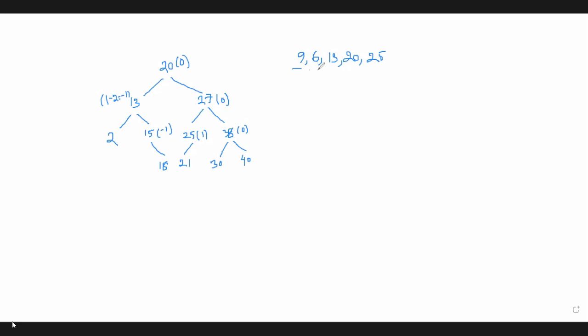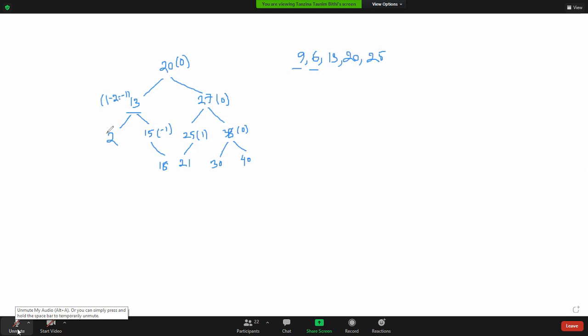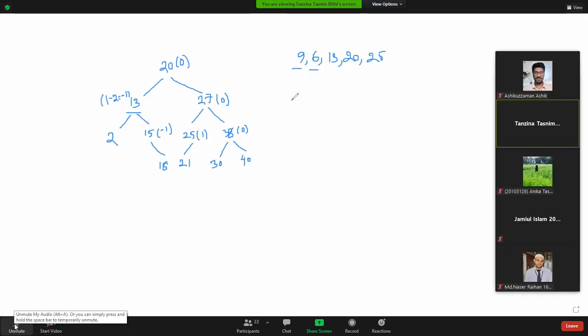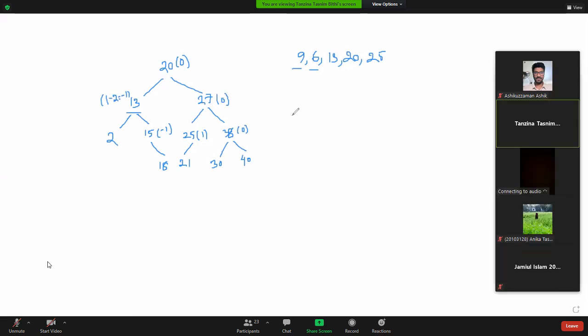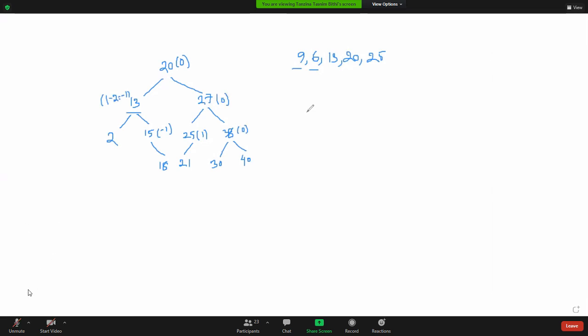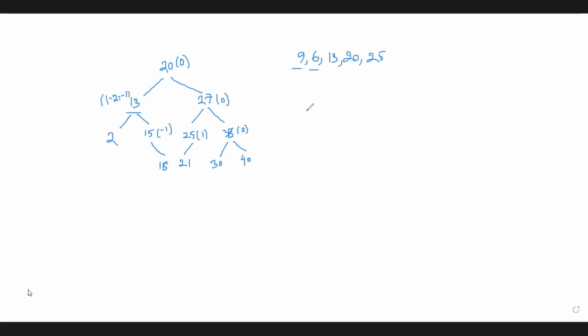Okay. Now the next one, delete 13 from this tree. Where is 13? This one. Now 13 has how many children? 2 children. One is the left child, that is 2, and another is 15. So there are 2 options for deleting a node with 2 children. You can take the in-order predecessor or you can take the in-order successor, which means you can select a node from the left subtree or from the right subtree.